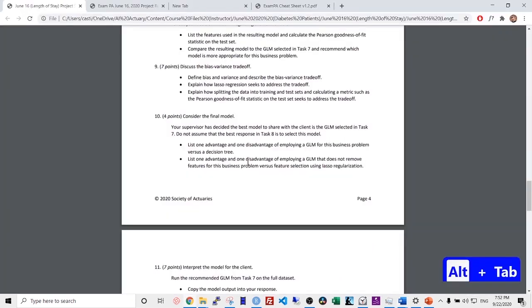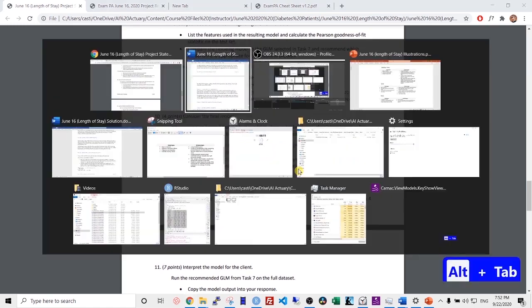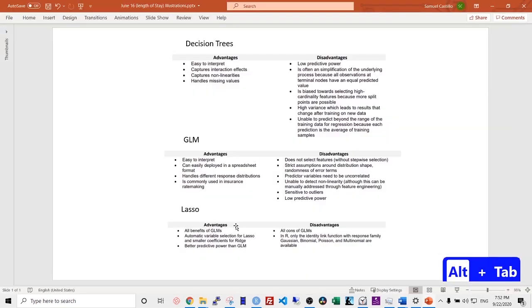List one advantage and one disadvantage of employing a GLM that does not remove features for this problem versus feature selection using lasso regression. So a lasso has all the benefits of a GLM. It has automatic variable selection for lasso and smaller coefficients for ridge. So it automatically selects variables, and it has better predictive power than a GLM.